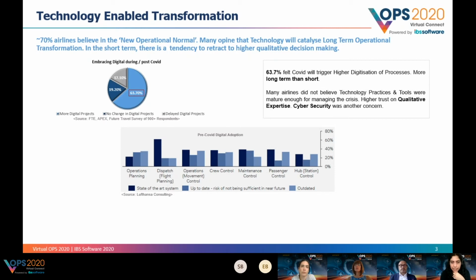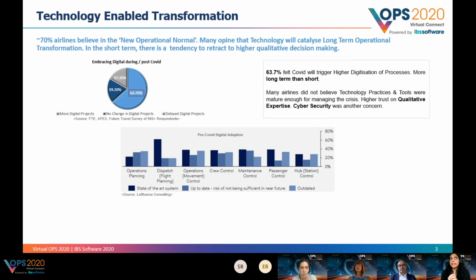The remaining 60% are either outdated or are new systems that are not really sufficient for the near future. That's a large amount of non-digitization. But there is a view that this can be improved in the long term.